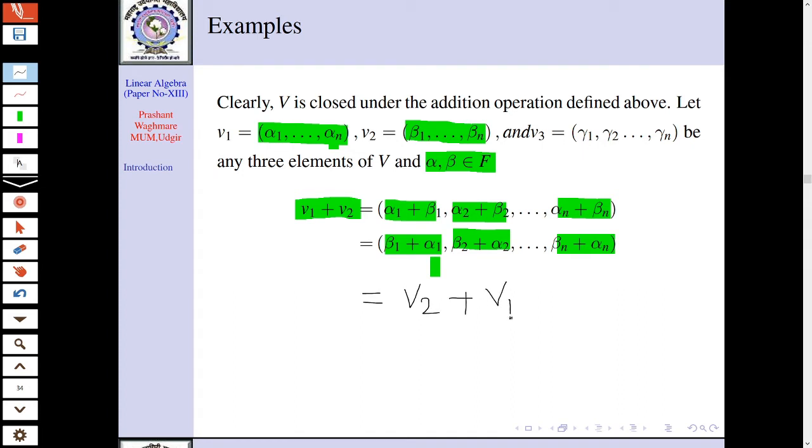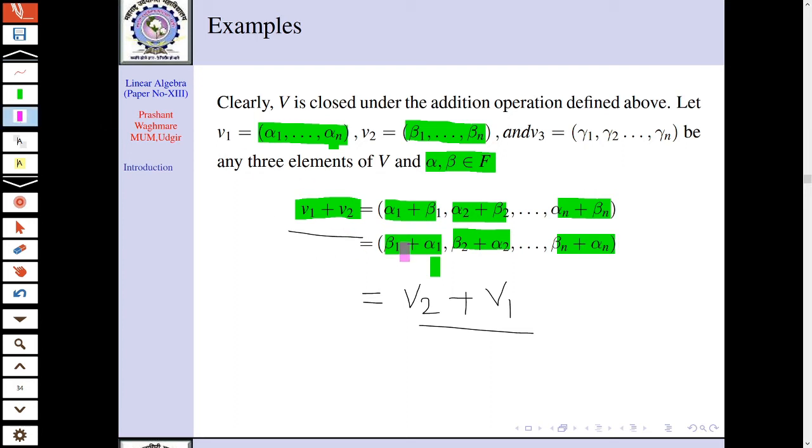Okay, so here we have proved that for any two vectors in V, V1 plus V2 is the same as V2 plus V1, right? Yes. So let's go ahead again.